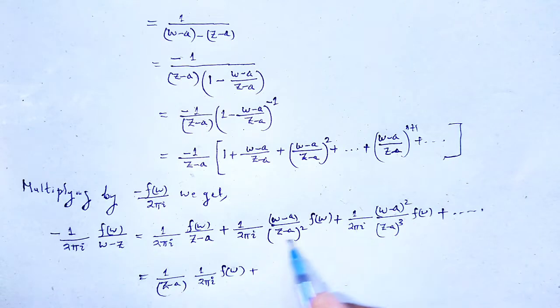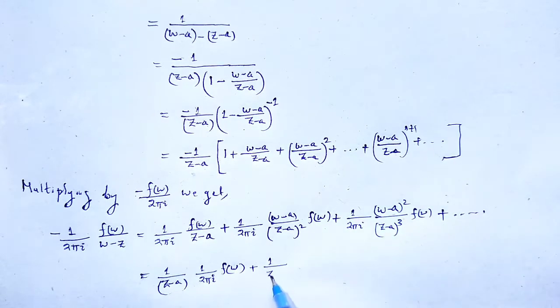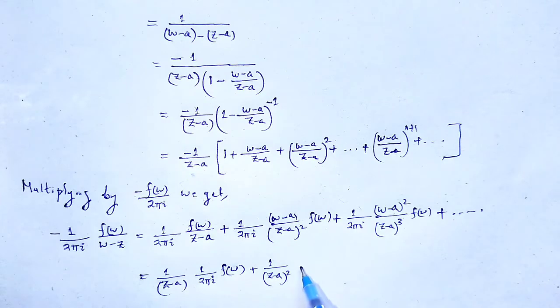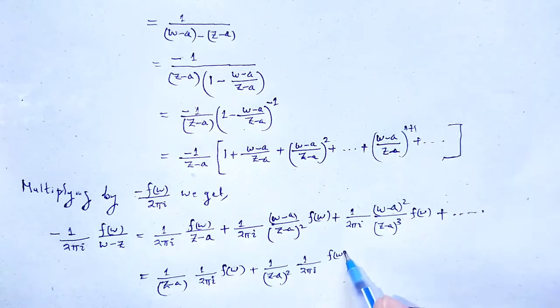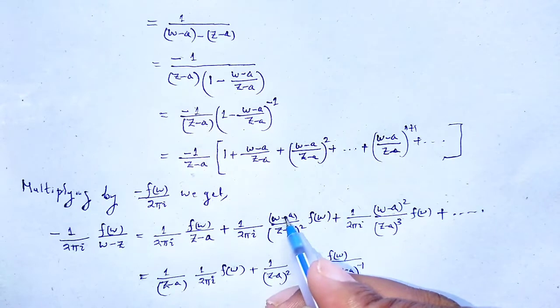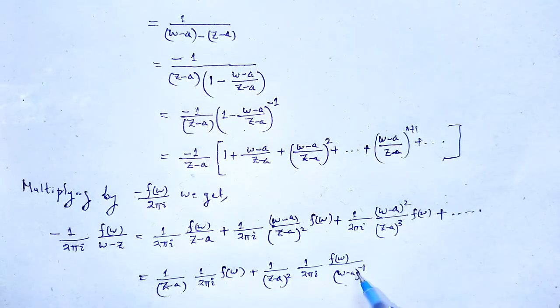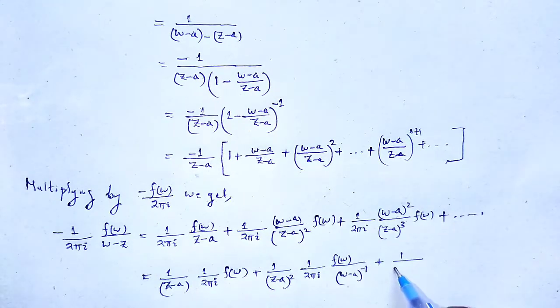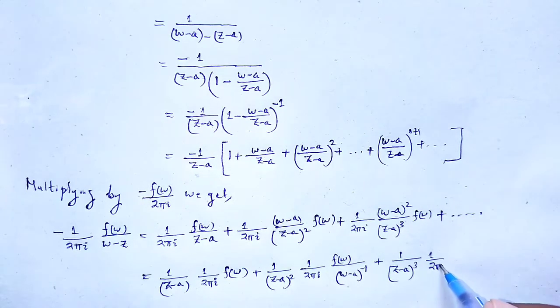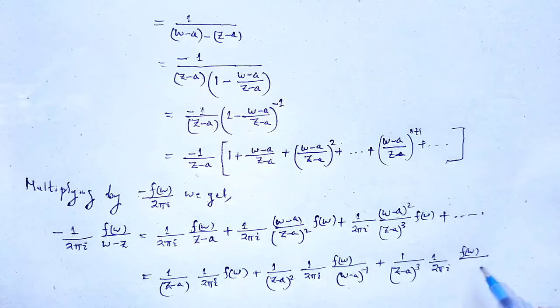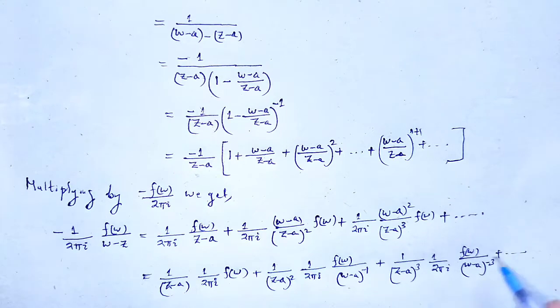In that format we write all these terms: 1 by (z minus a) squared, 1 by 2 pi i, f of w divided by w minus a to the power minus 1, plus 1 by (z minus a) cubed, 1 by 2 pi i, f of w divided by w minus a to the power minus 3 plus dot dot dot.